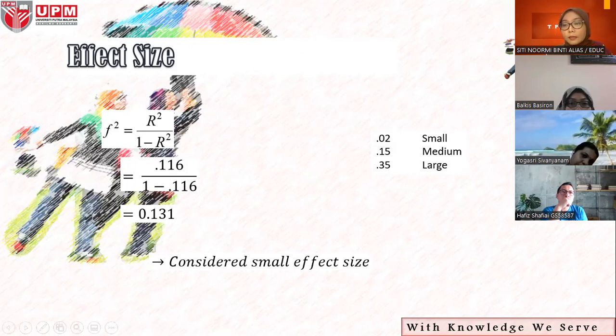Okay, by referring to this guideline, 0.131 is, oh, dia still in the range of 0.02 until 0.14. Okay, so it is considered to be a small effect size.